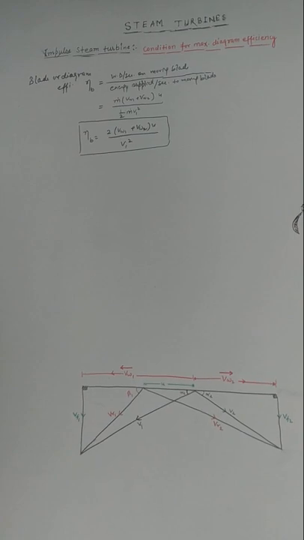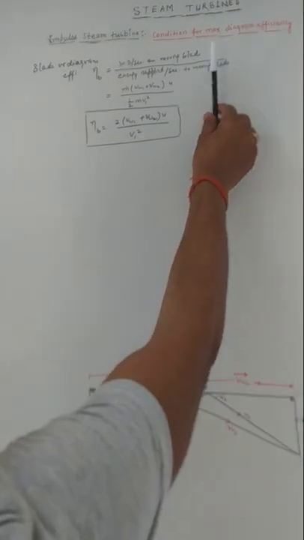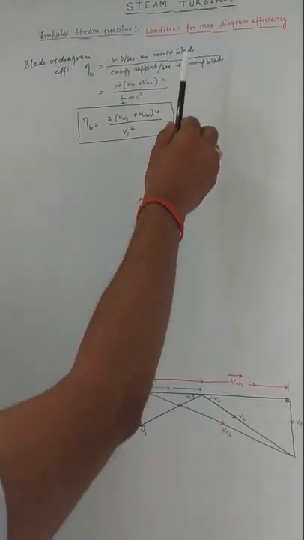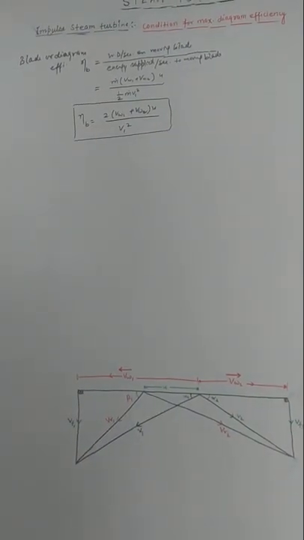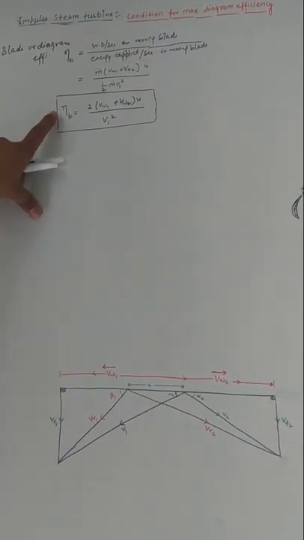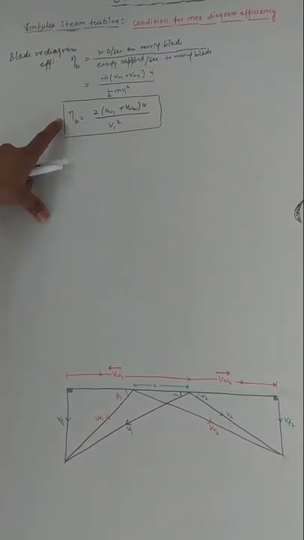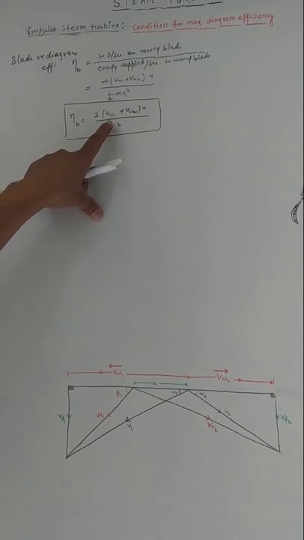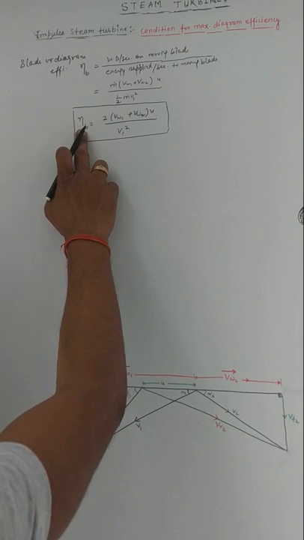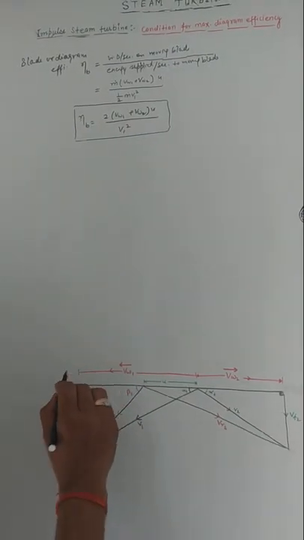Now we can find the condition for maximum diagram efficiency. This maximum diagram efficiency can be calculated from this relation. This η_b can be maximized by solving this relation. So we can maximize this equation by using the velocity triangle.